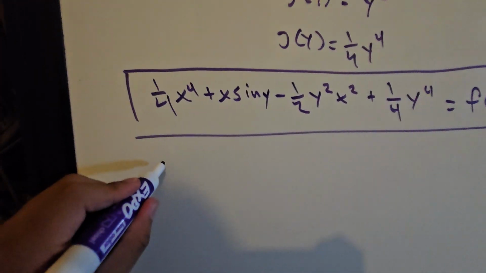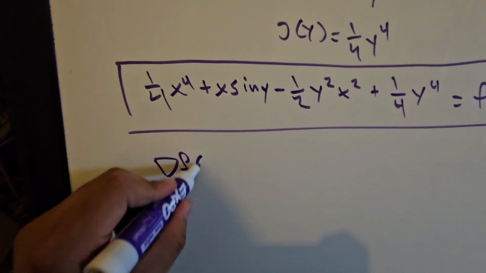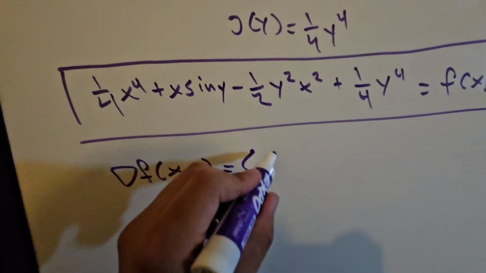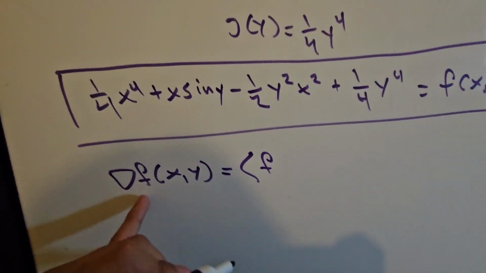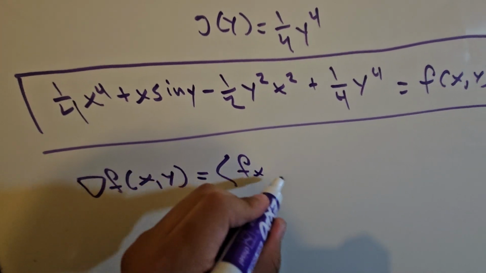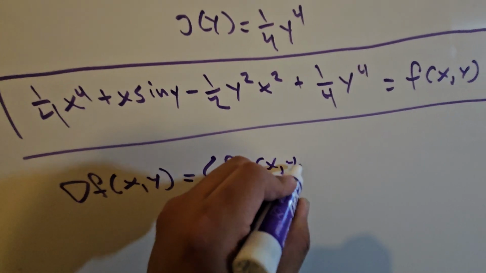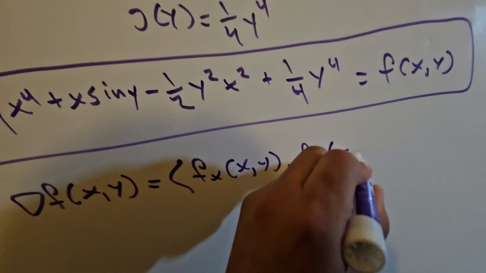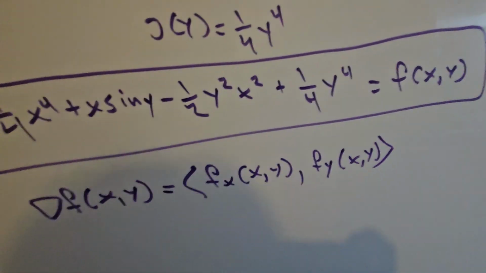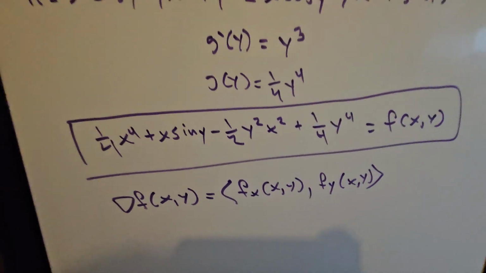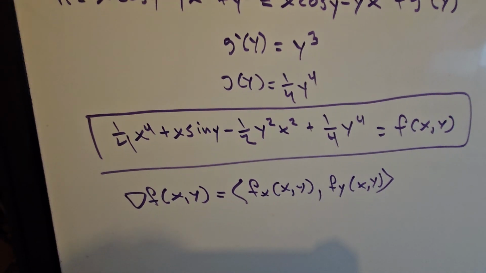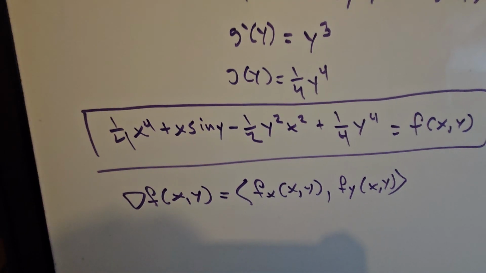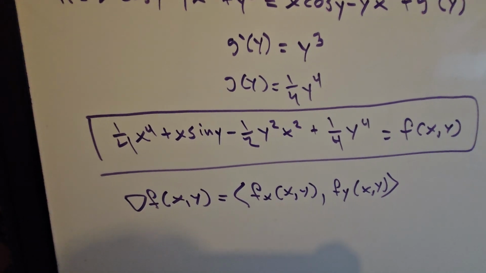The gradient vector, just in case you don't remember, is literally just the derivative of the function with respect to x, and then the derivative of the function with respect to y. That's all it is. So now you know that this is conservative, and we found the potential function.